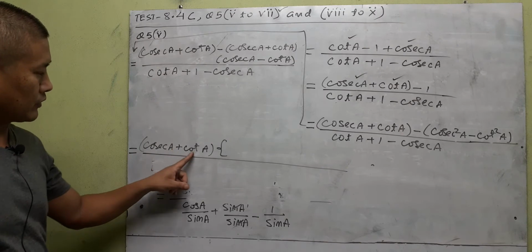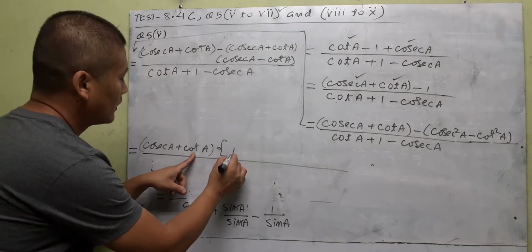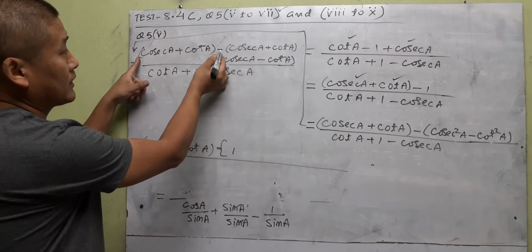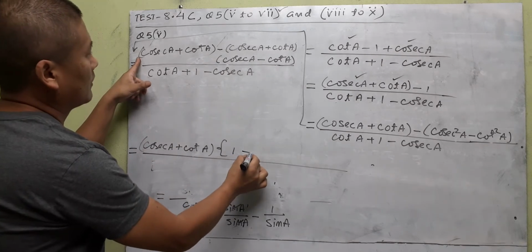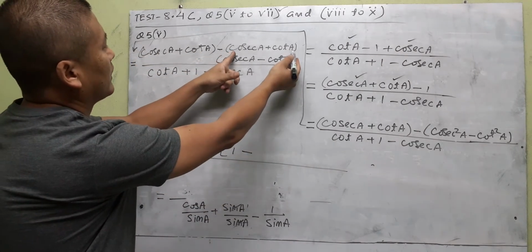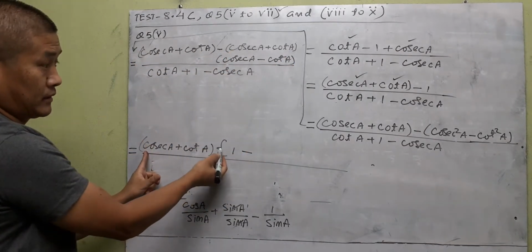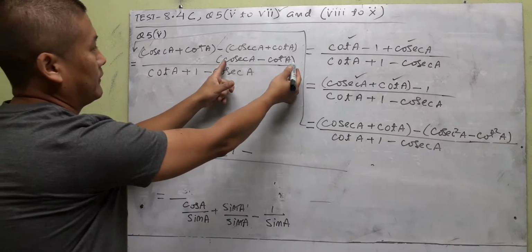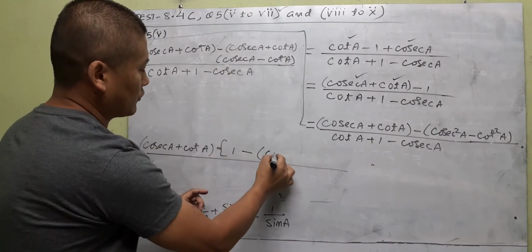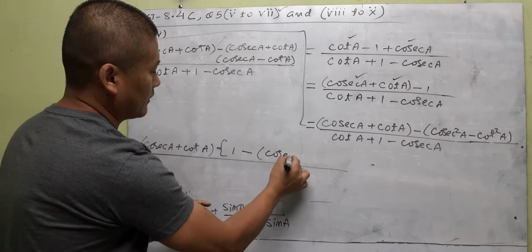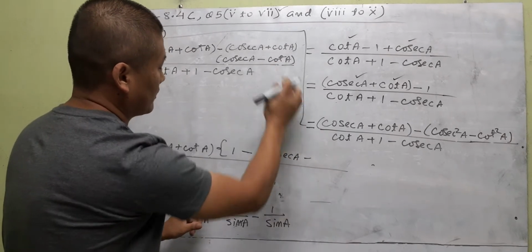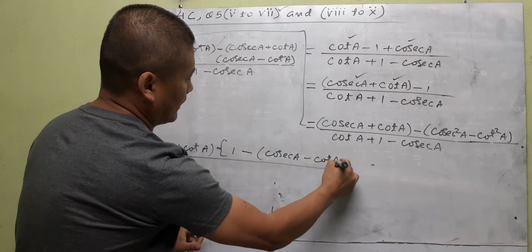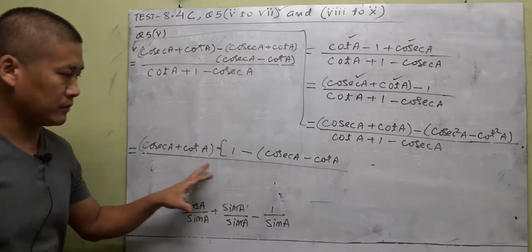So cosec A plus cot A into 1 is this one, cosec A. And the next term here, minus. Then here this has been taken out. Cosec A plus cot A is outside the bracket, see? So what is left inside is this one. And we should put the bracket because there is a minus sign here. Cosec A minus cot A. This is the key step, okay, where we don't make a mistake.